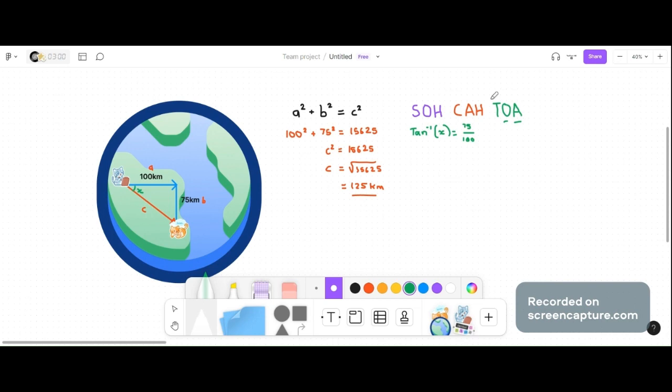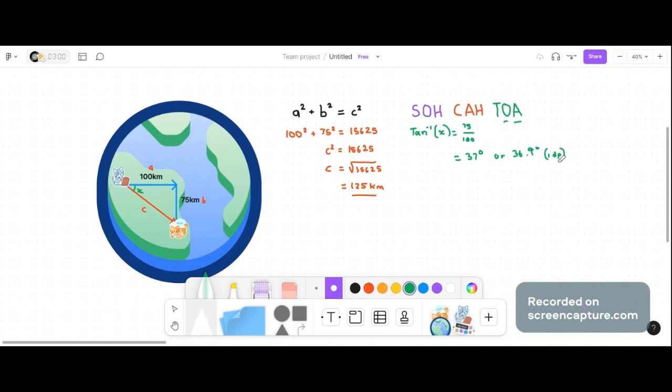So I got 37 if we go to two significant figures, 37 degrees. Or if you want to go 1 dp, it would have been 36.9, if you want to round to one decimal place.